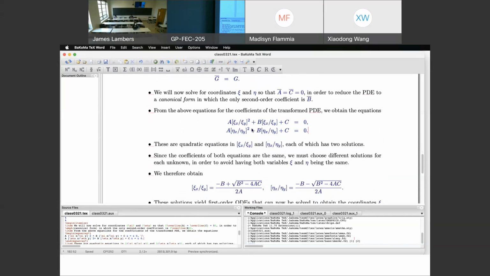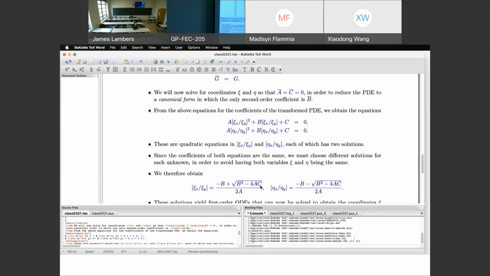So if we use the quadratic formula that gives us two solutions, we're going to prescribe that xi x over xi y is the solution where you choose a plus sign, and eta x over eta y is the solution you get when you choose a minus sign. But that means that the only way we're going to have two solutions is if b squared minus 4ac is positive.